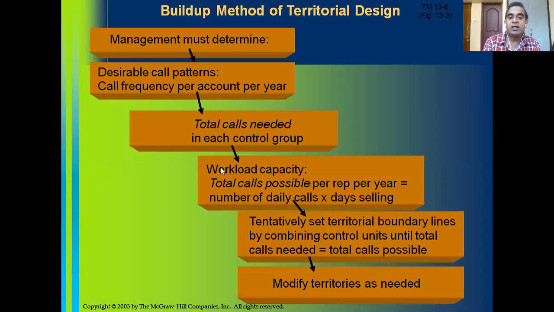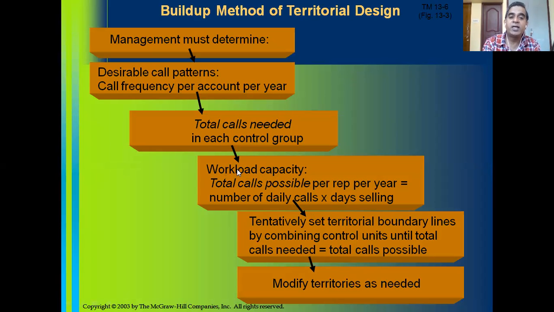Then next is determining workload capacity. Workload capacity is total calls possible per rep per year. Rep means sales representative, short form of sales representative.